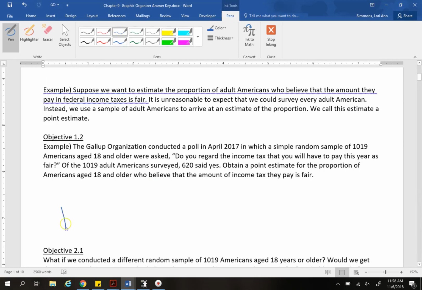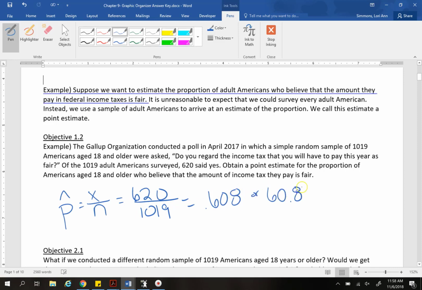So what we need to do is find the sample proportion. So we're going to do p hat, which is x over n, and we learned this in Chapter 8. So we have 620 over the total, 1,019. So it's 0.608, or 60.8%.